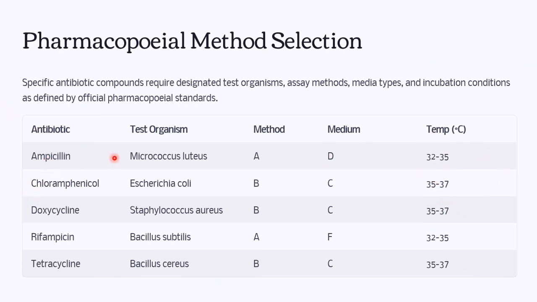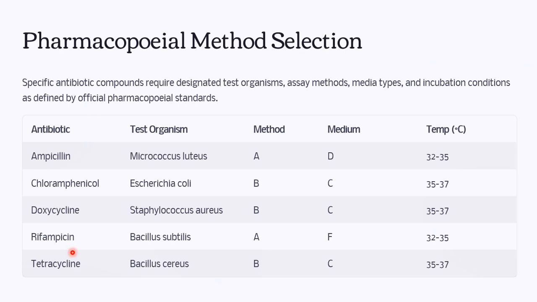And for chloramphenicol, we are using E. coli as test organism and the method used is method B and the medium is C and temperature is 35 to 37 degrees Celsius. And for doxycycline, we are using Staphylococcus aureus as test organism and the method is B and medium is C at temperature 35 to 37 degrees Celsius.